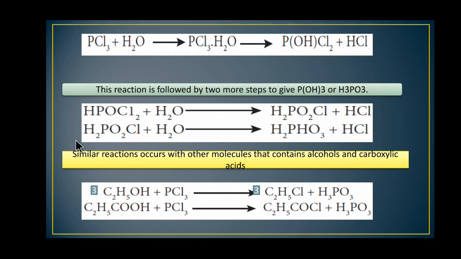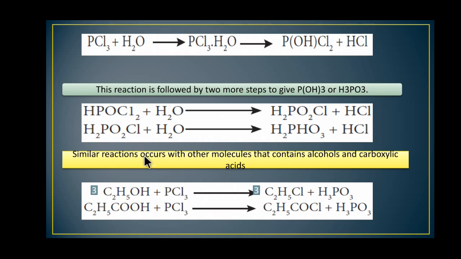And further, H2PO2Cl reacts with water to form H3PO3. Is it clear? It's the same product. What is that? Phosphorus acid and excess HCl. So this is followed by two more steps to give the product H3PO3. Is it clear?